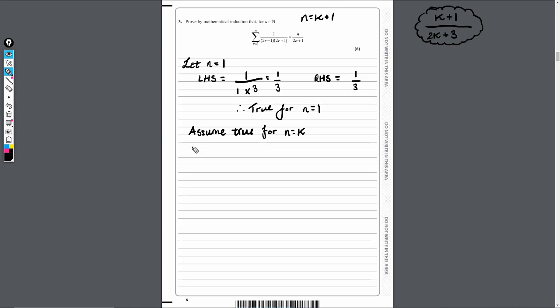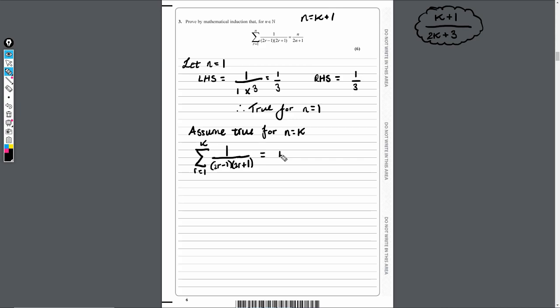Well, what we'd have is the summation going from r equals 1 to k, and it'd be this summation here, so it'd be 1 over 2r minus 1 times 2r plus 1. And this would be equal now, so if you put k in here, it'd be k over 2k plus 1. Okay, so just replace my n's with k.